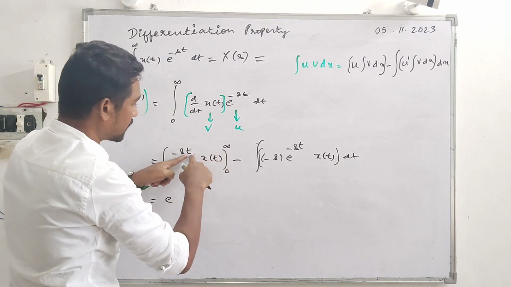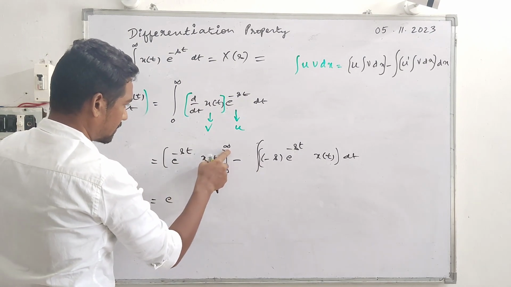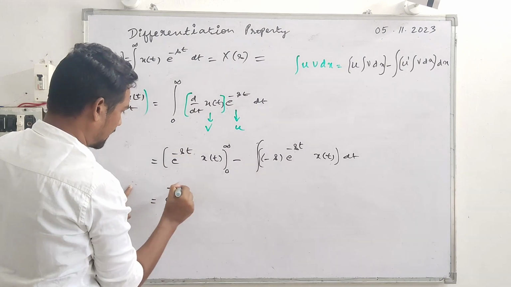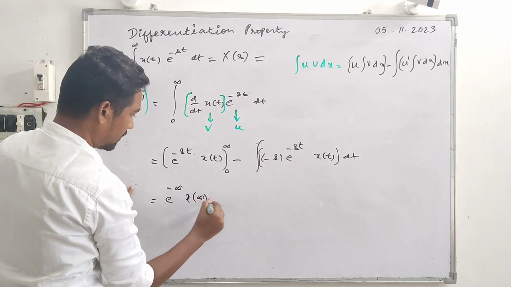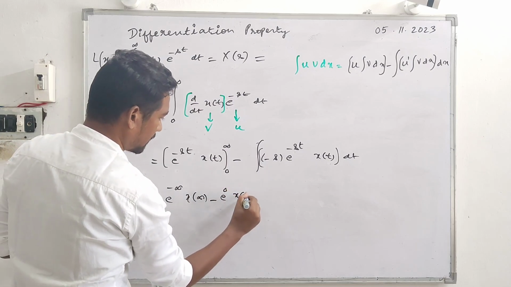Plugging in the upper limit and lower limit, we substitute for t. So infinity is to be plugged in over here, that will be e raised to minus infinity into x of infinity, minus the lower limit, e raised to 0, x of 0.